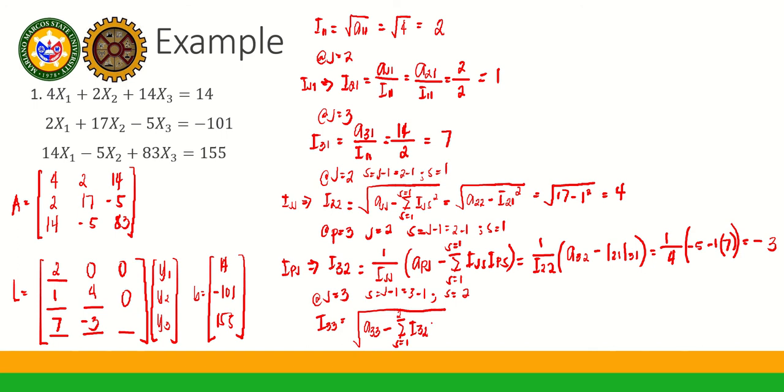S is equal to 2, quantity squared. So, this will be equal to the square root of A33. What is our A33? That is equal to 83.